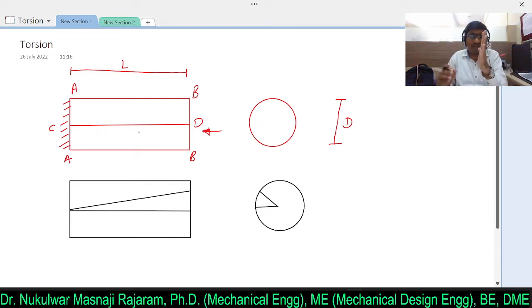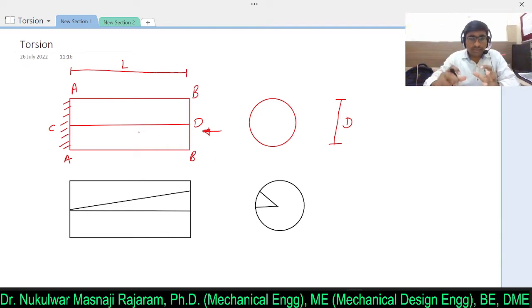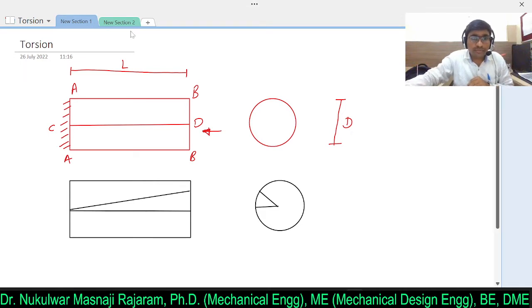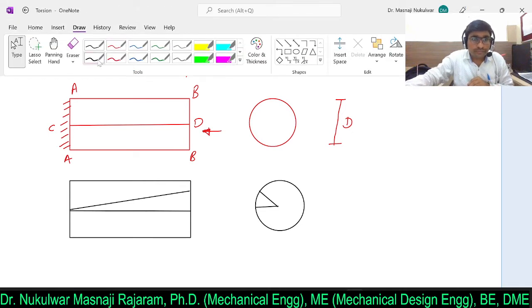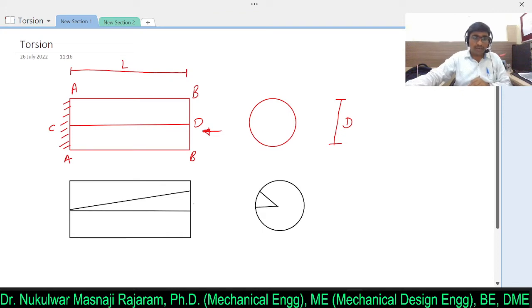So this is a simple shaft. It is fixed at one end, and here we are going to apply a torque. Clear? Now, when the torque is applied on this particular bar, we must apply a tangential stress. So in the bottom direction, when we apply torque, twisting may happen.